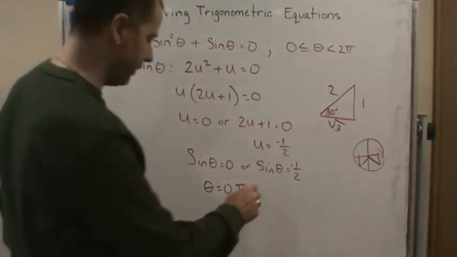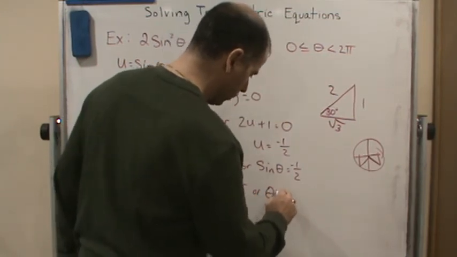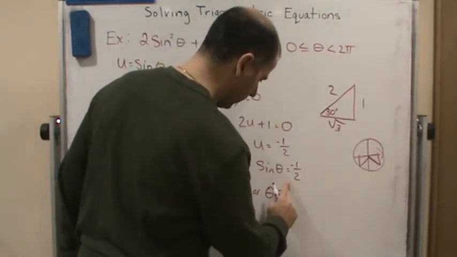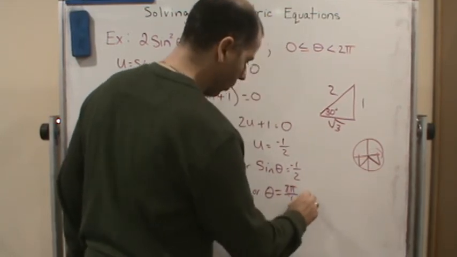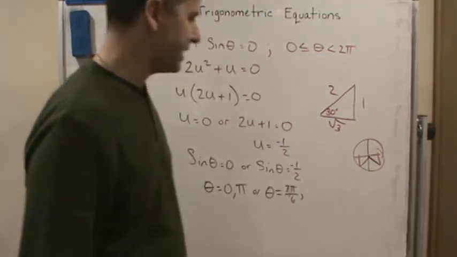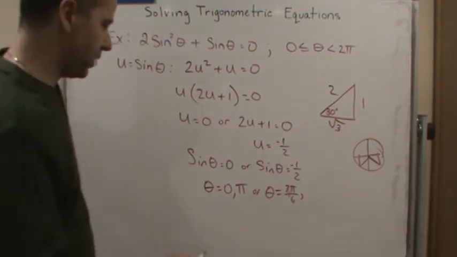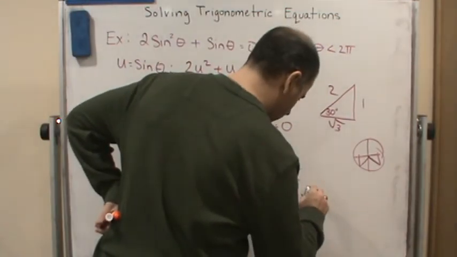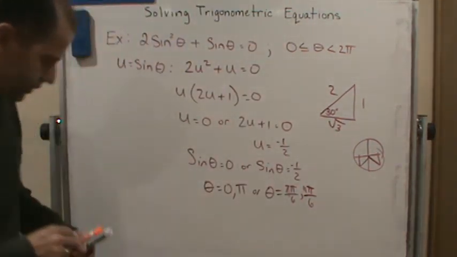So this is going to be 7, so theta equals 7 pi over 6, or I'm over here, which is 1/6 pi less than 2 pi, which is going to be 12 pi over 6, so that's going to be 11 pi over 6.